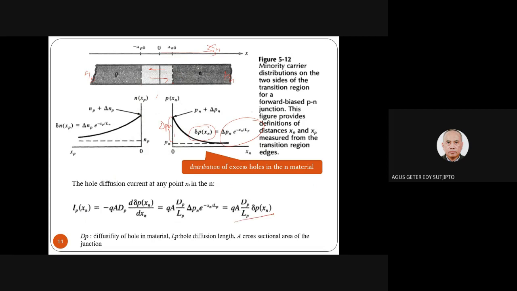So this is the hole current in the n region.